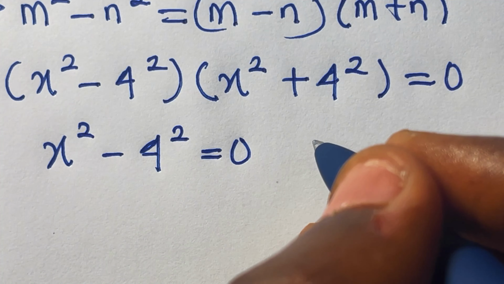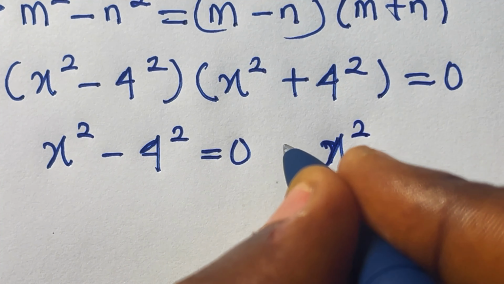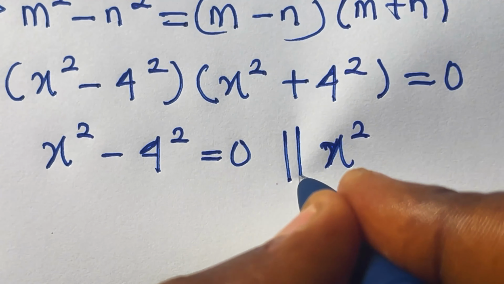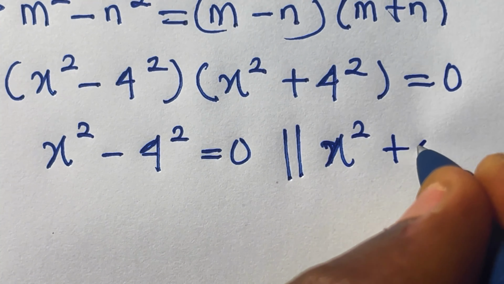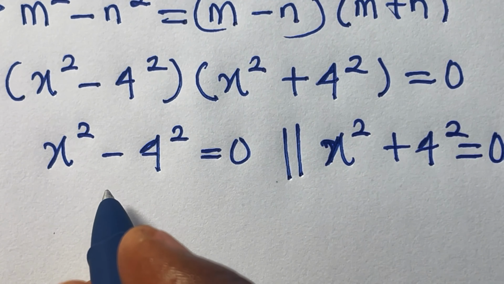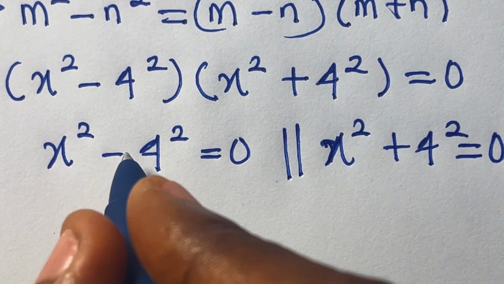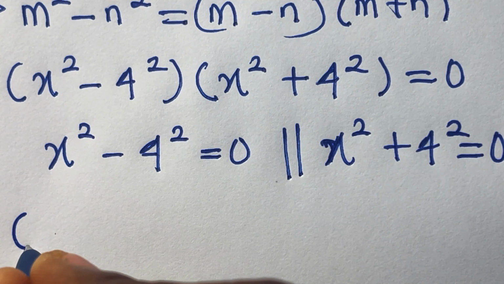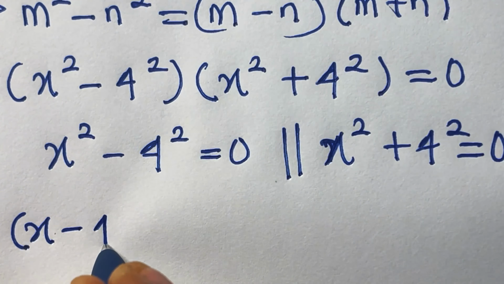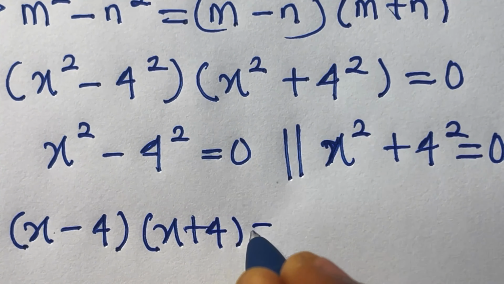And another we will have is x square plus 4 square equals 0. From here, we are going to have another difference of two squares. We are going to have x minus 4, then x plus 4 equals 0.